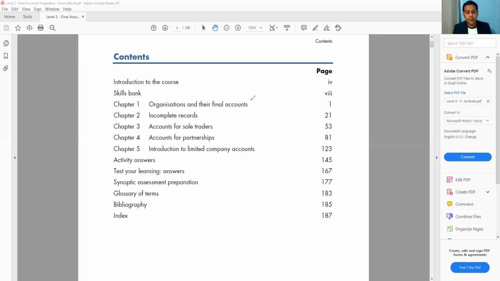When a business prepares the financial statements, like the profit and loss account and the statement of financial position, they submit them to HMRC and Companies House. This is the regulation they have to follow. When they submit to HMRC and Companies House, HMRC then decides whether the accounts are right or not after they are submitted by the accountant.